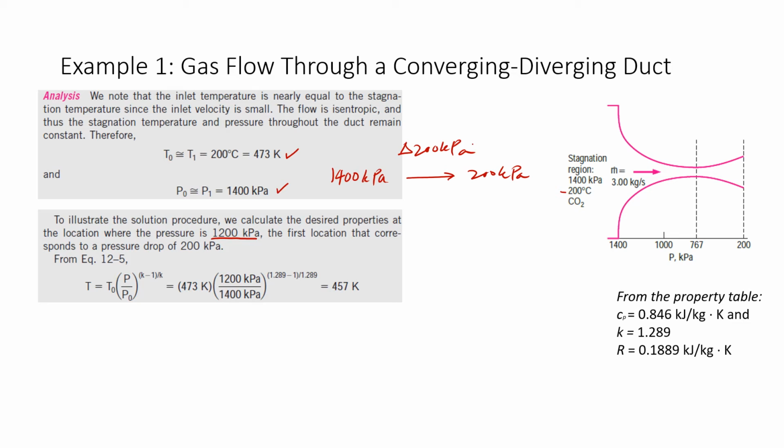From this equation, T naught is 473. Pressure is the pressure at which we want to find the temperature, so 1200 kPa, and the stagnation pressure is 1400 kPa. Of course, this is the specific heat ratio k for CO2. Put in the value of k, and then we get the final answer, 457 Kelvin.